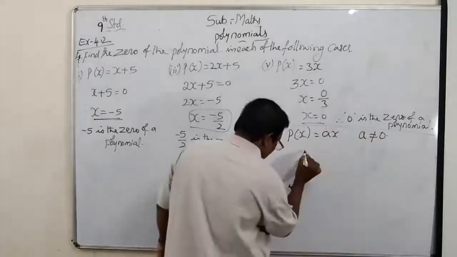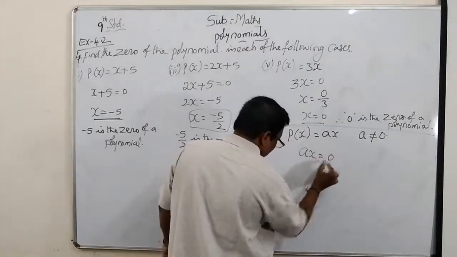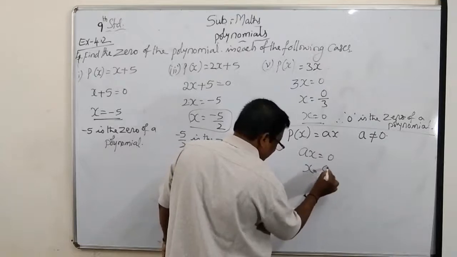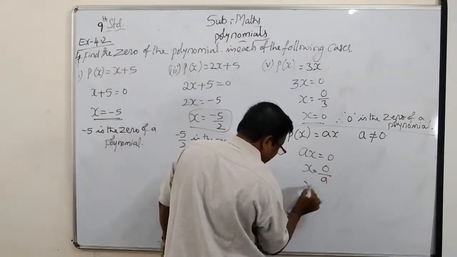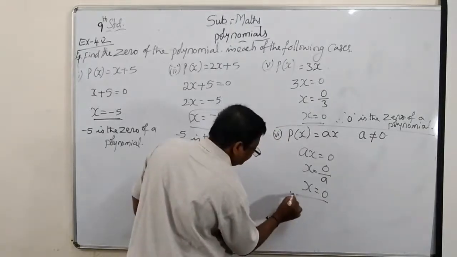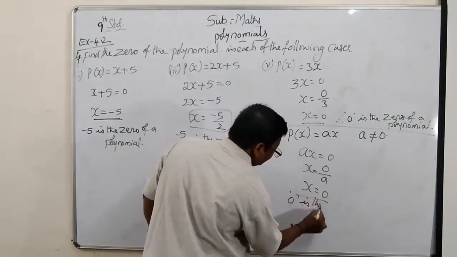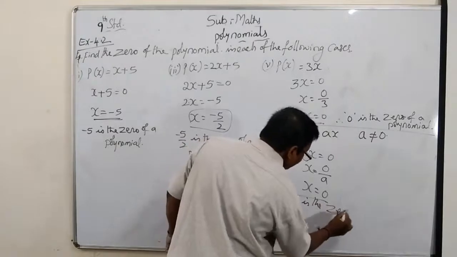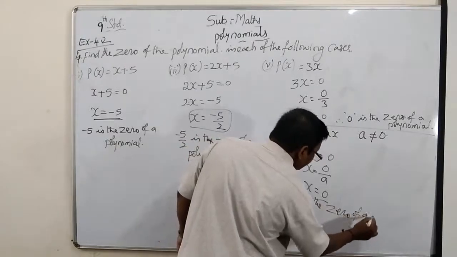Next, ax is equal to 0, so x is equal to 0 by a, which is 0. Here also 0 is the zero of the polynomial.